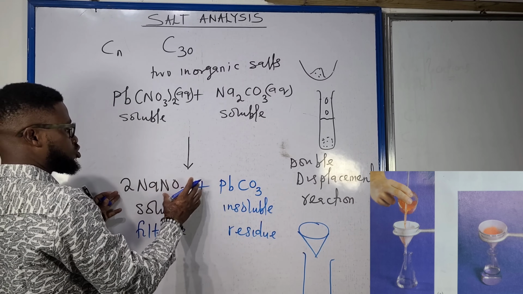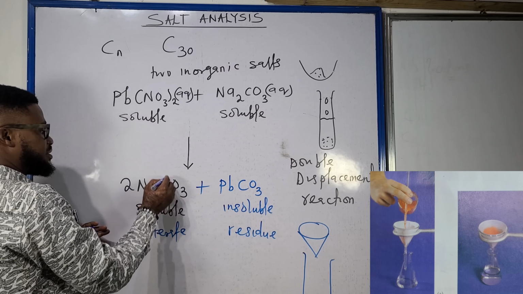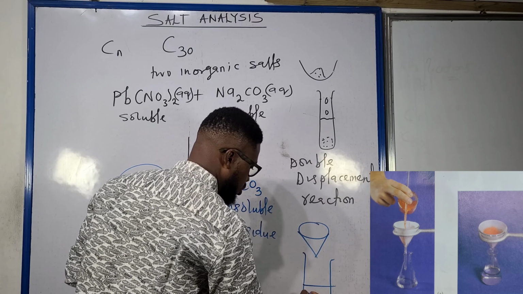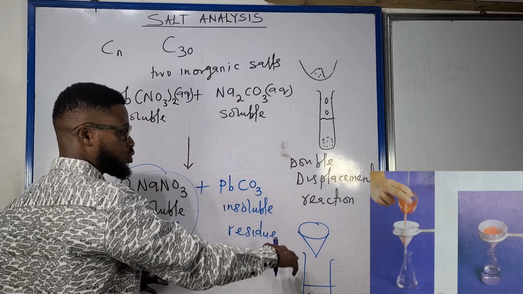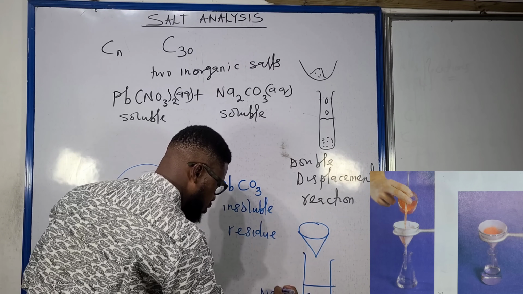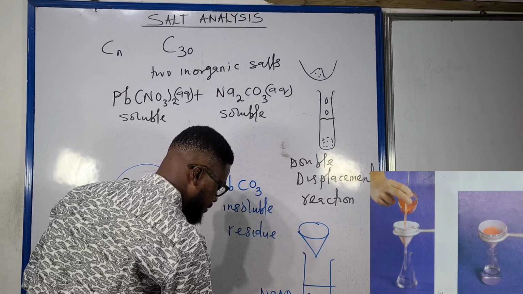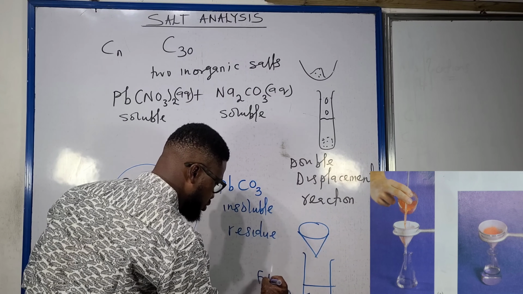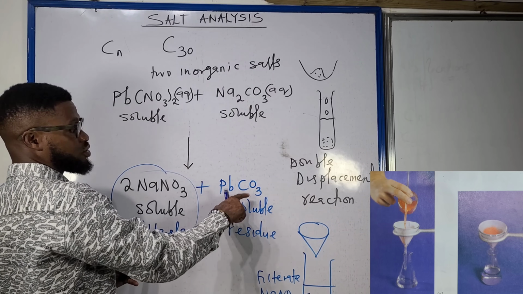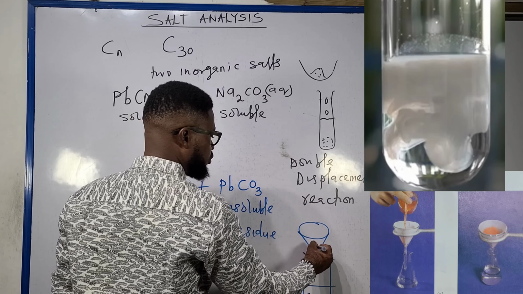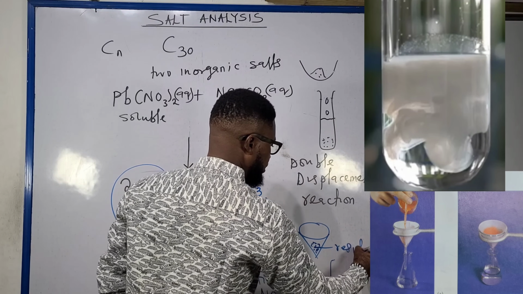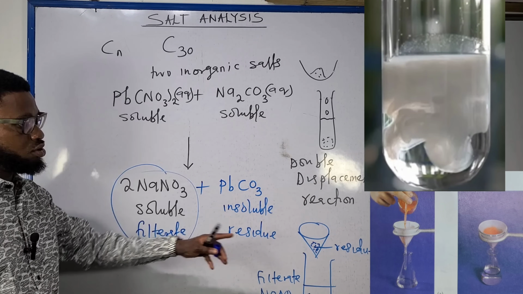If you take these two solutions and you pour here, you need to understand that this sodium nitrate is in solution form, and it is going to pass through the pores of the filter paper, and then you're going to have sodium nitrate here, and this here is going to be your filtrate. But the lead carbonate is going to remain on the filter paper as your residue.